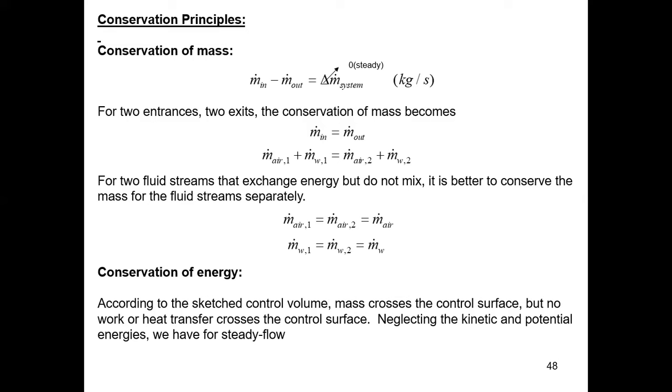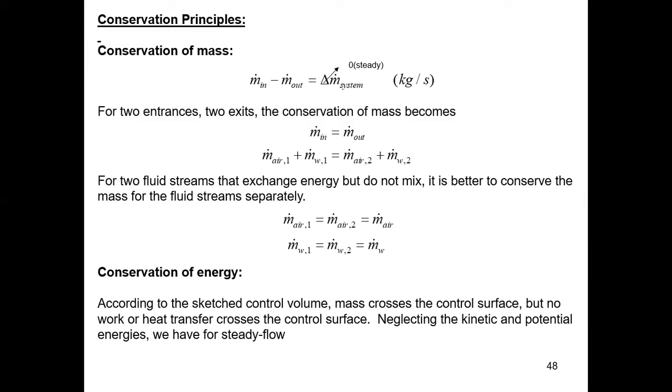M dot is the mass flow rate. For two fluid streams that exchange energy but do not mix, it is better to conserve the mass for each fluid stream separately. So that means m dot air 1 is equal to m dot air 2 is equal to m dot air. No change in mass flow rate of air, no change in mass flow rate of water.